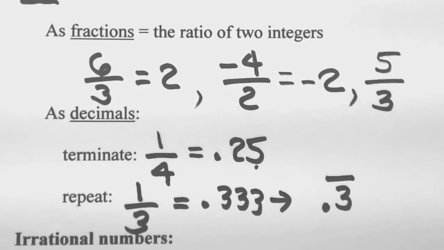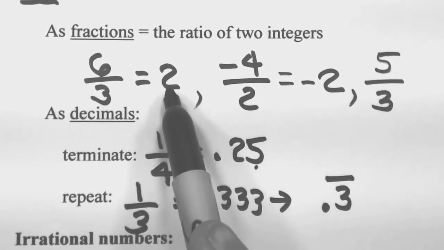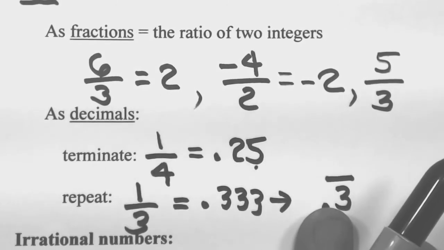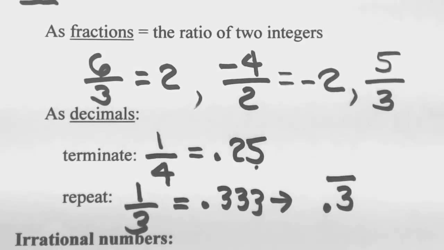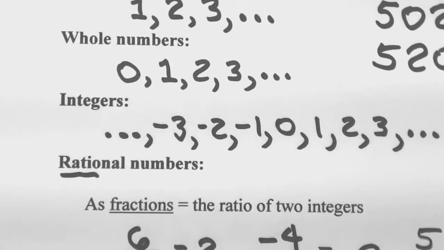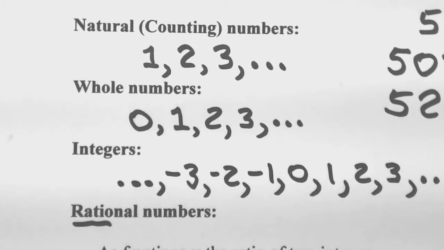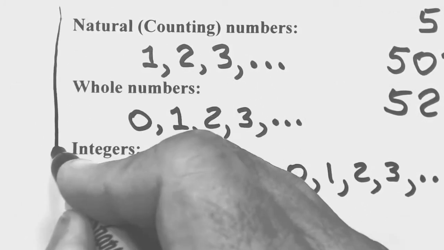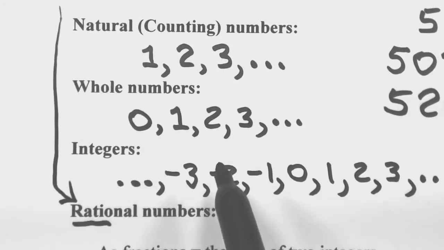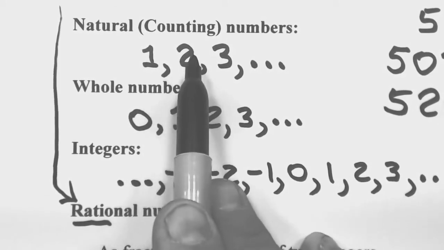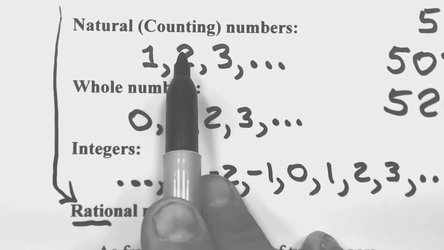Well, as we saw above here, that 6/3 reduces to 2. That points out that some of these guys, in fact all of them that we've talked about already, are really rational numbers. The rational numbers include all of these guys up here. Why? Well, you could take any counting number and put a 1 underneath it. 2/1 would still equal 2.